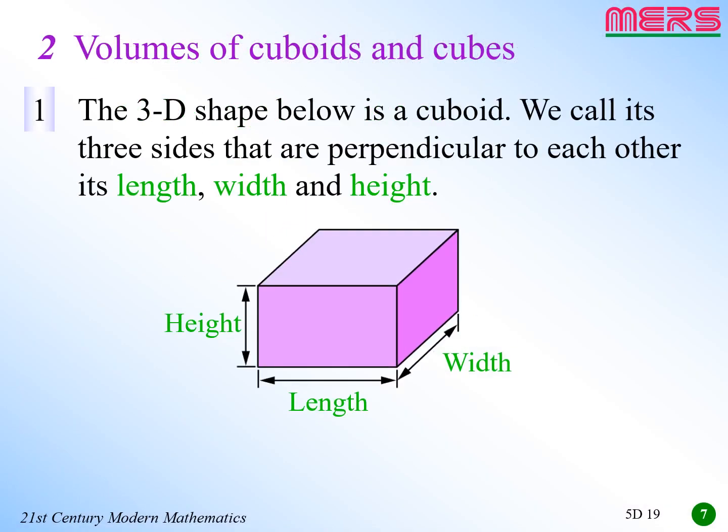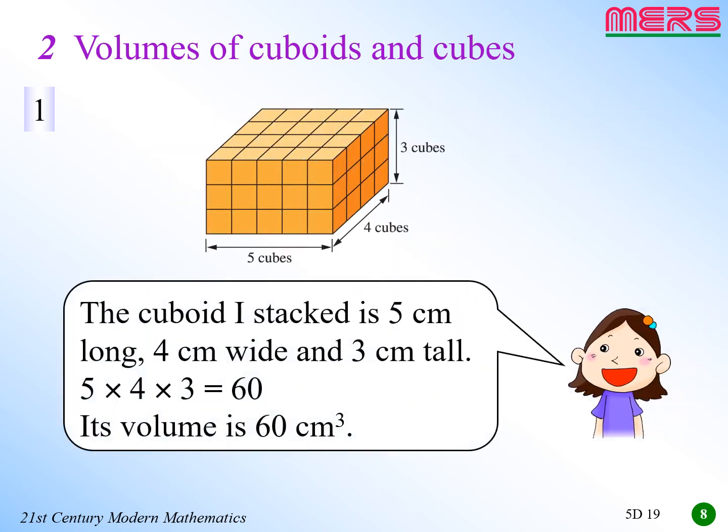The 3D shape below is a cuboid. We call its 3 sides that are perpendicular to each other its length, width, and height. What are the measurements of the 3 sides of this orange cuboid?